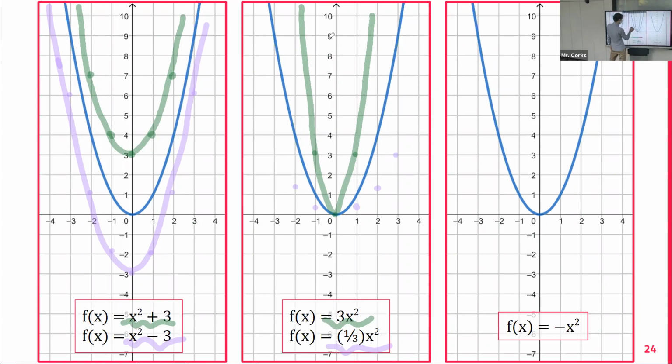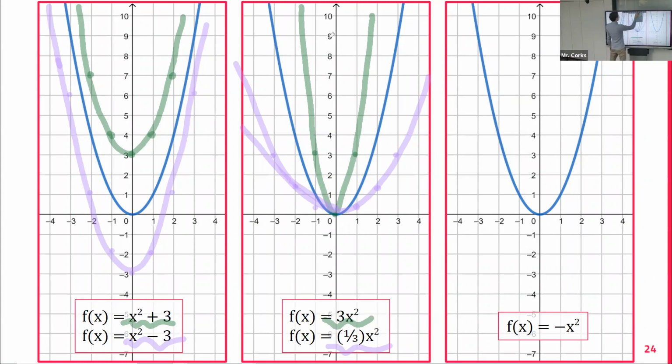And on the other side, we're going to get this kind of pattern here. That side's a little wrong. Okay, so if the coefficient at the front is larger than 1, it stretches everything vertically. If it's less than 1, it compresses everything.